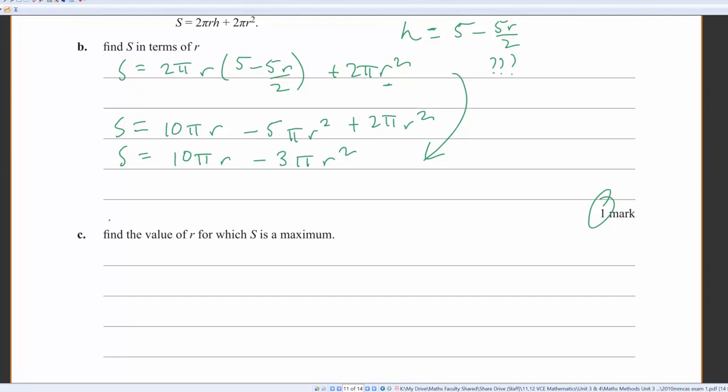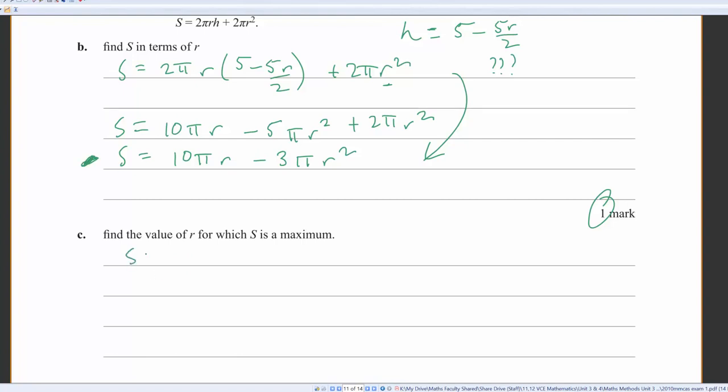So if we're using this function here, if I wanted to find out where it's a maximum, I get the derivative, ds dr, and to do the derivative here, I really need to get these out as single terms. So I would have had to expand it out anyway when it got to this point here. So we've kind of saved ourselves the trouble by doing it here.